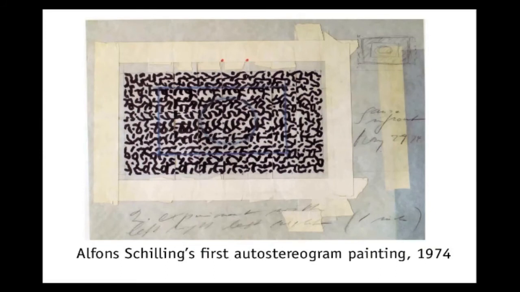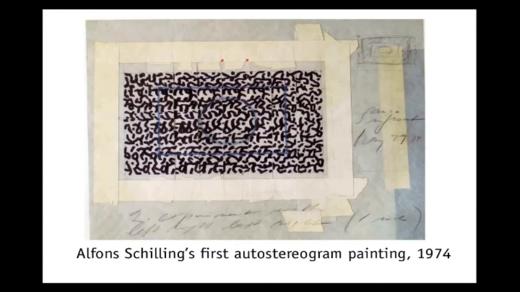But already in the 60s, his work, especially after he moved to the United States, became connected with ideas about stereoscopy. And he was probably the first artist who started experimenting with the idea about autostereogram paintings and the idea about random dot stereograms. This is an early example of an autostereograph painting from 1974.